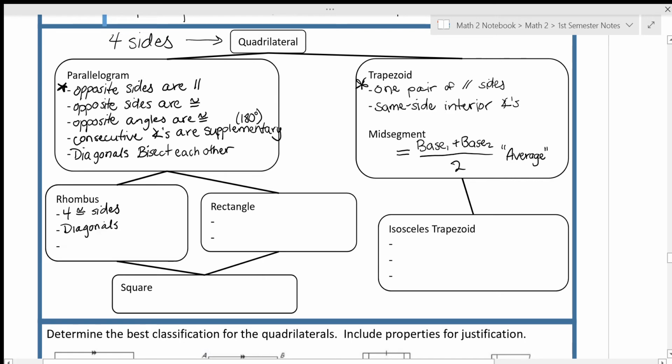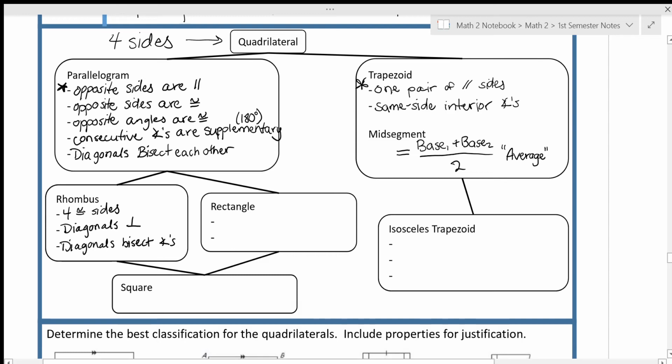So remember that perpendicular we defined last unit to mean that they make right angles, and that upside down capital T means perpendicular. And then they also have diagonals that bisect the angles. So their diagonals still bisect each other, but then a rhombus's diagonals also bisect the angles of the rhombus.